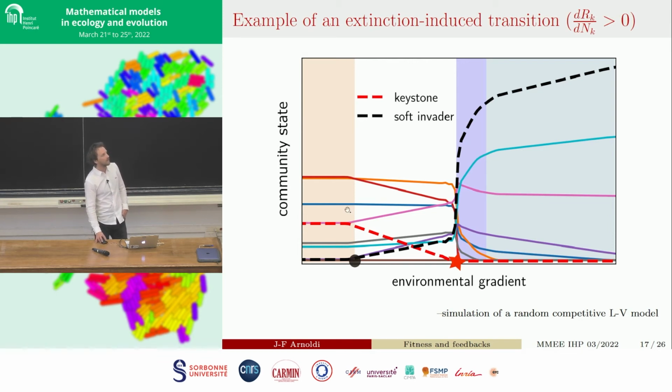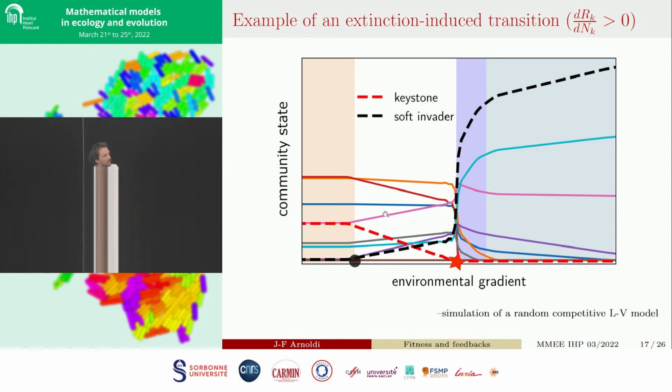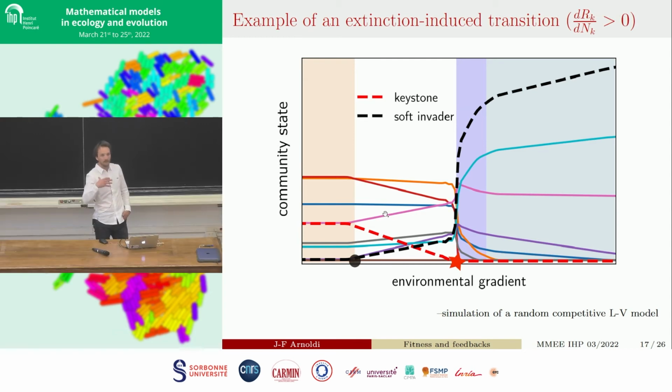What's interesting here is that I'm varying some environmental gradients, and originally here there are no keystone species. There are no species that are seeing positive feedback. But this black dot, there's a species that invades. It's a soft invader. It means that when it's invading, it's settling at some abundance, but it's not causing abrupt reorganization.